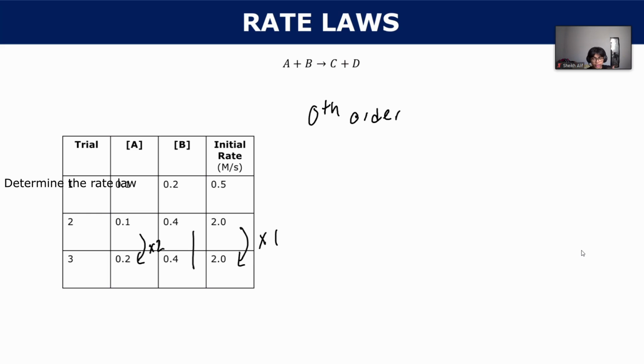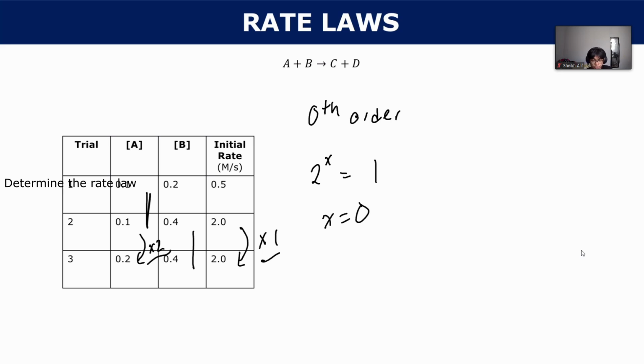And an easy way you could do this is looking at the amount you multiplied by, well, that amount to what power is going to equal the amount you multiplied the initial rate by. And so 2 to the x equals 1, well, x is just going to be equal to 0. Let's try determining the rate order for B rather. So we would need to keep the concentration of A the same.